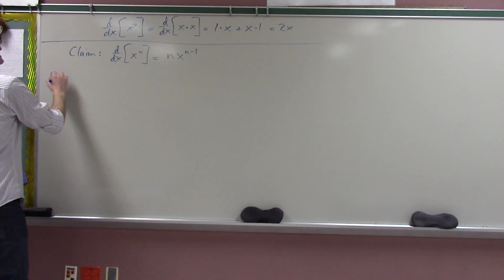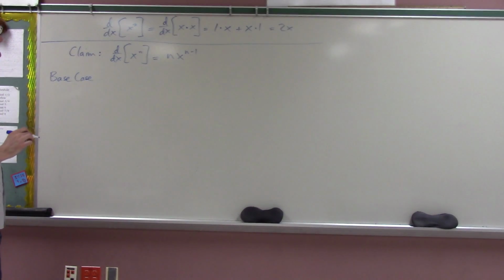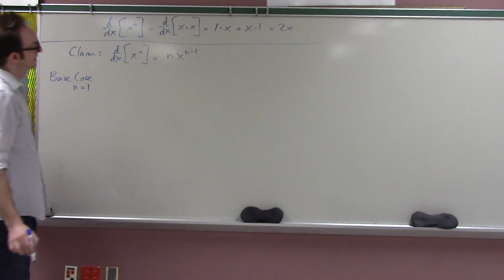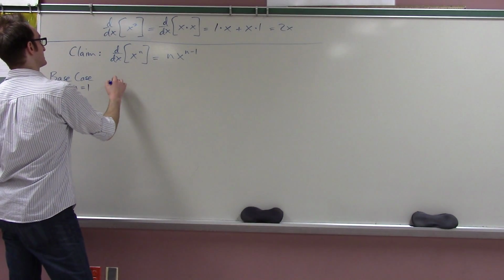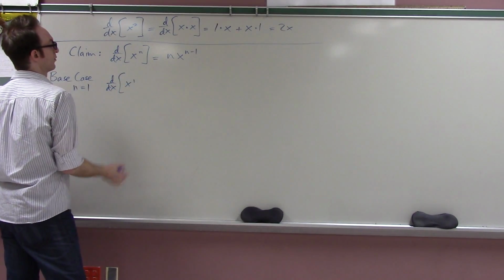Okay, so what is our base case? Well, I guess our base case is when n is, can I just do 1? Yeah, I think I can just do 1. Base case, n equals 1. So according to the base case, what is the derivative of x to the 1?